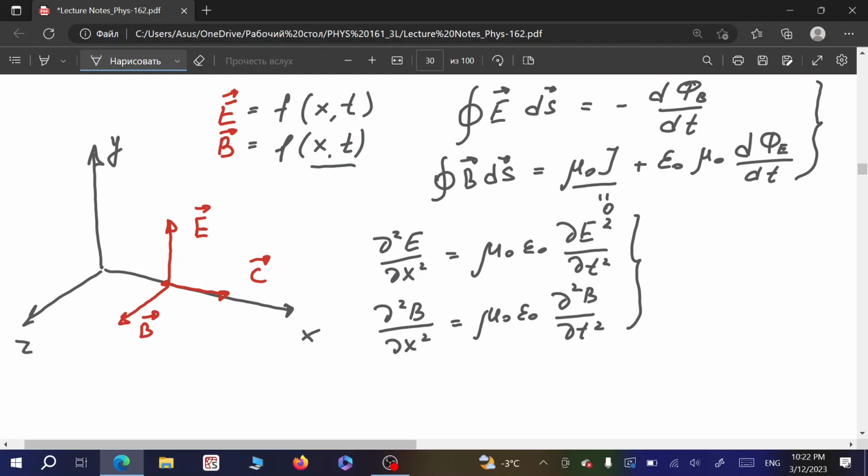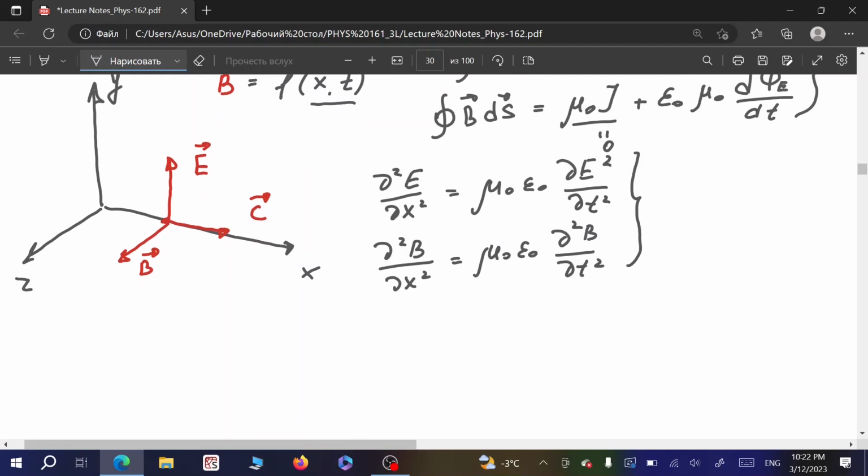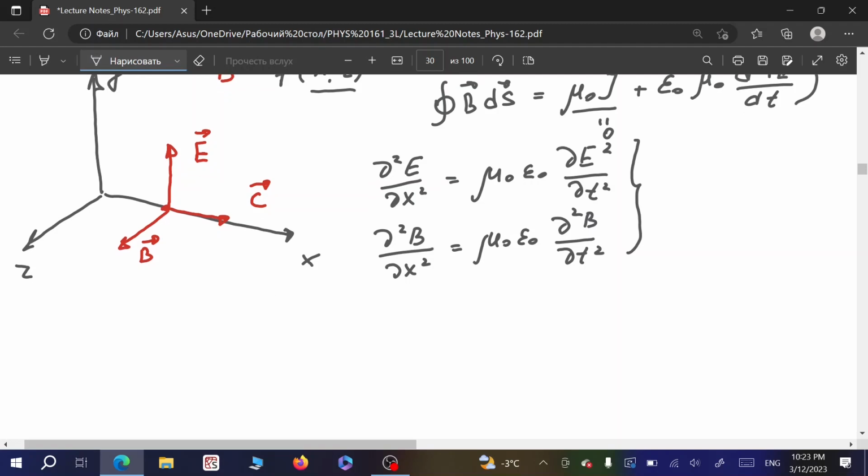But what is important here is that these equations have the so-called general form of wave equation. And if you remember from physics 1, we considered such an equation. The general form of wave equation, we considered that obviously in the scope of mechanical waves, but that actually applies in general to all types of waves.